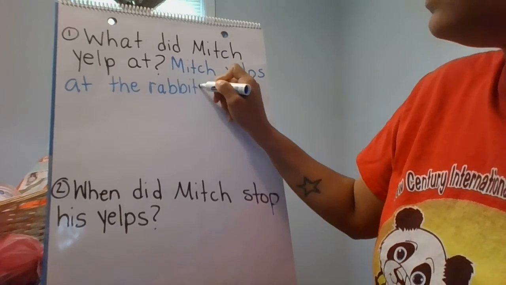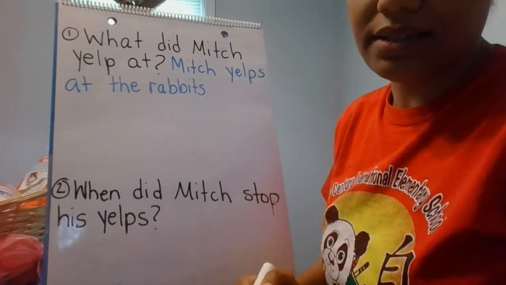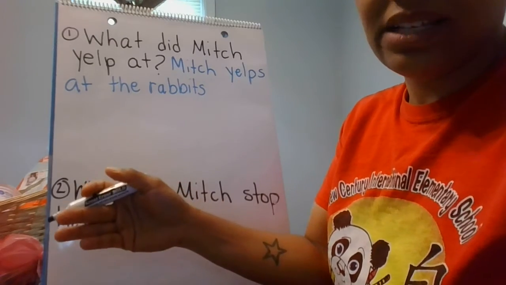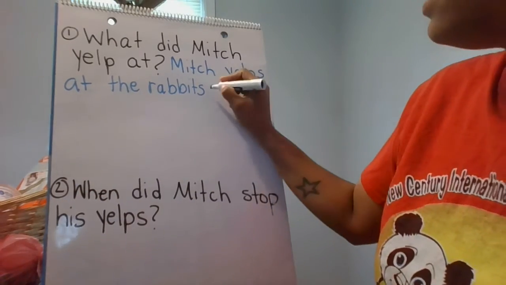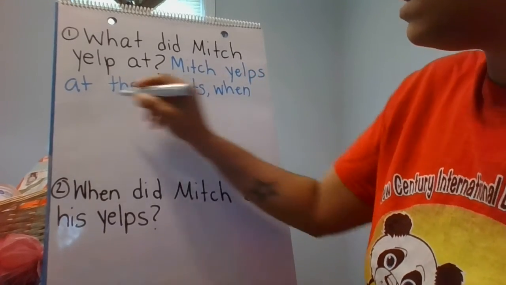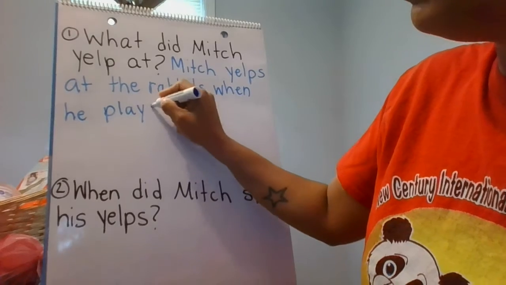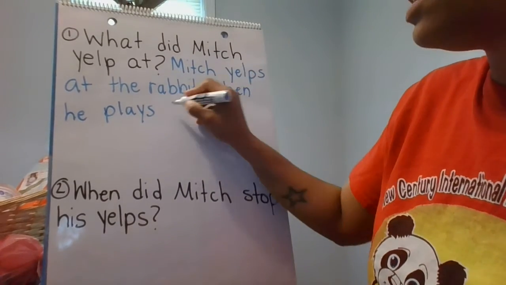And since I'm listing, whenever I list more than 2 things, and I move on to listing at least 3, I start using those commas. At the rabbits, when he plays with the ball, so that's the throwing or the fetching.